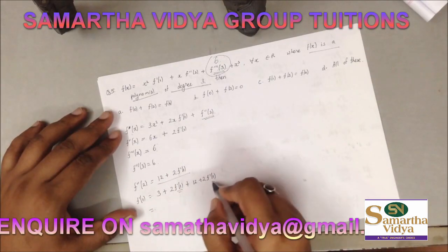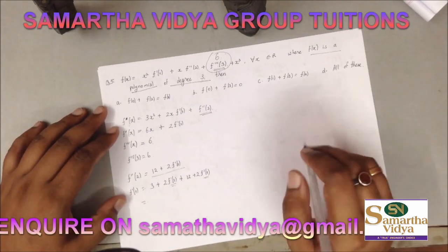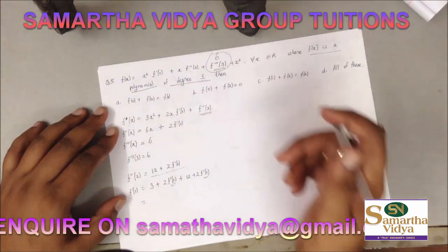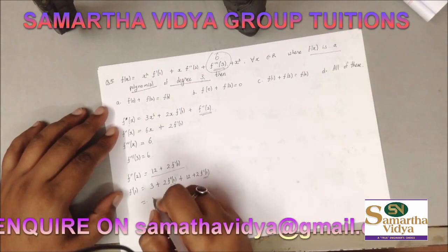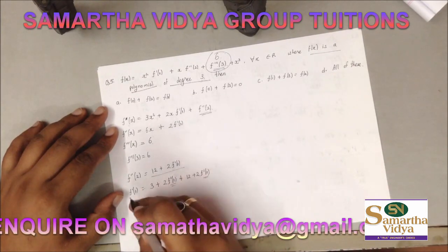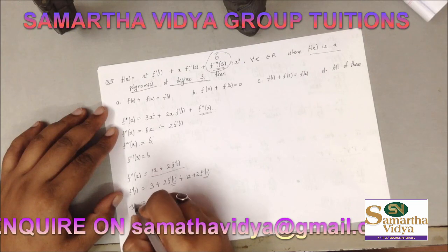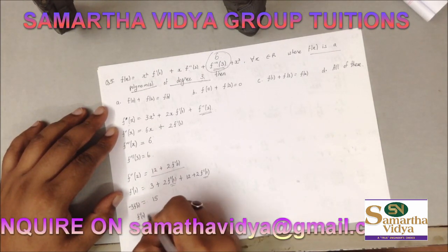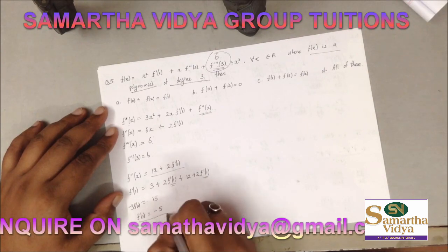You can see that f dash of 1 is the only variable, because that is the value we need to find. So this becomes 3 plus 12, 15. We have a 4 and that goes to that side, so it's minus 3 f dash of 1. So we are getting f dash of 1 is minus 5.